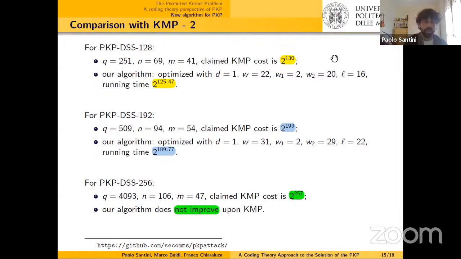So probably the reason why our algorithm does not improve upon KMP is because of these two considerations. A very large Q and a smaller m probably make our attack perform not so well. And I believe that if you choose parameters in this way, then you cannot find subcodes with the desired properties. So the initial filtering, you cannot apply it.